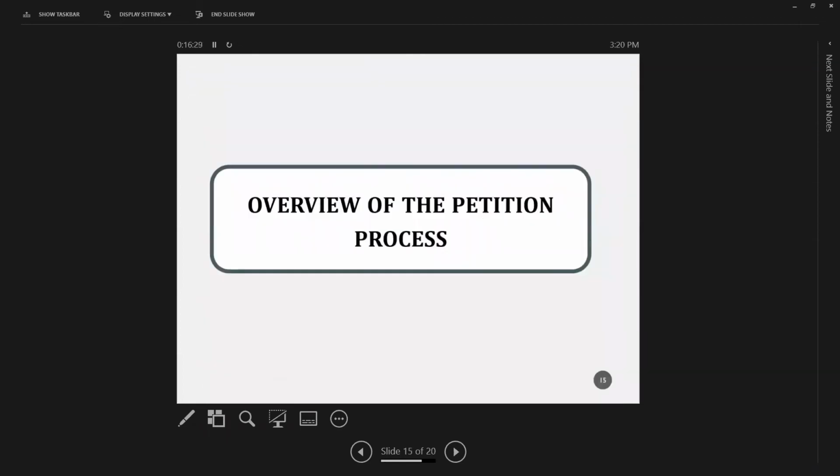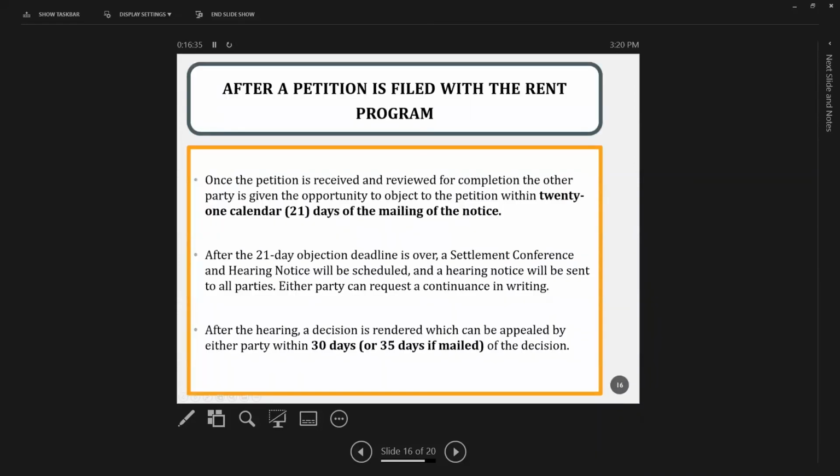The overview of the petition process. Once the petition is received and reviewed for completion by the program staff, an opportunity is given to object to the petition within 21 calendar days of the mailing of the notice.